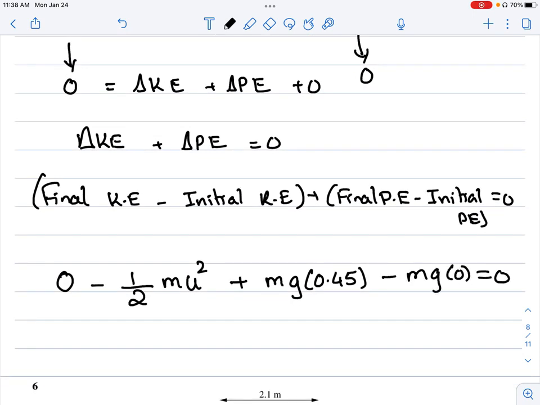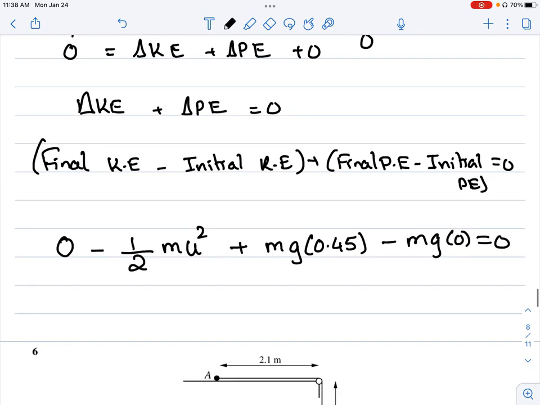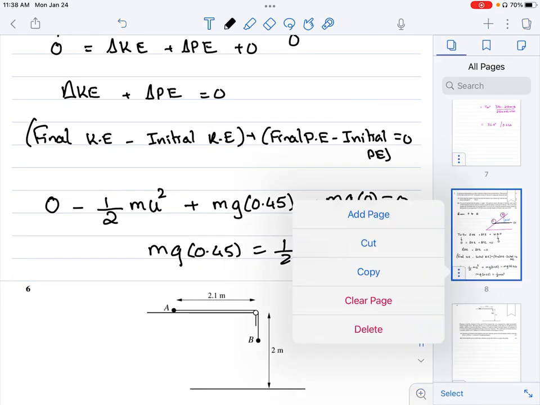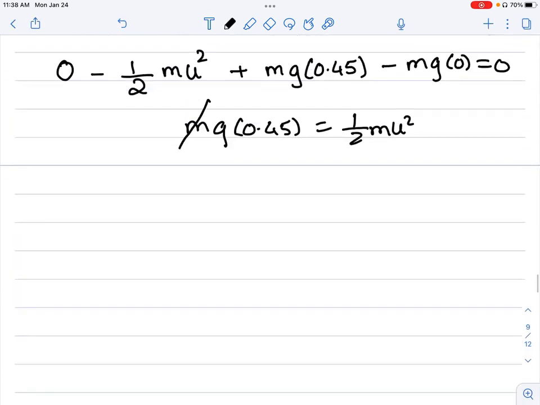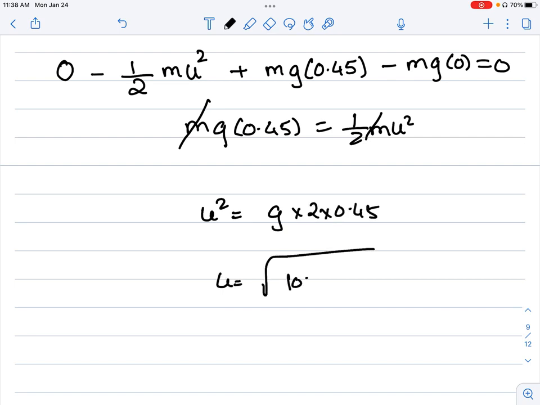So m times g times 0.45 is equal to half m u square. The m cancels, so u square is equal to g times 2 times 0.45. u is equal to the square root of 10 times 2 times 0.45, which is 9. So u is equal to 3 meters per second.